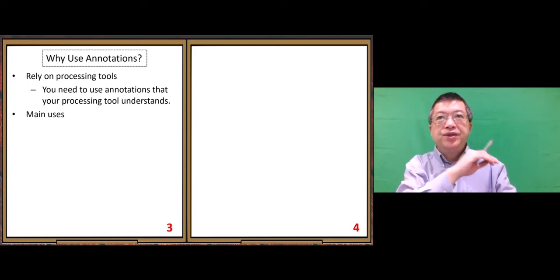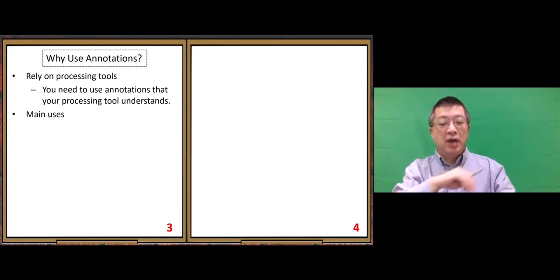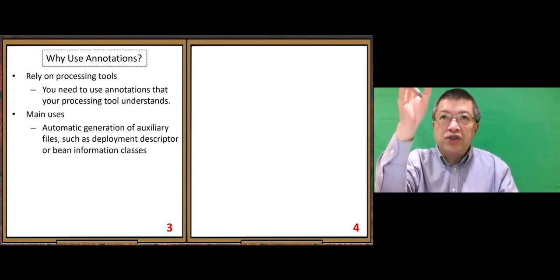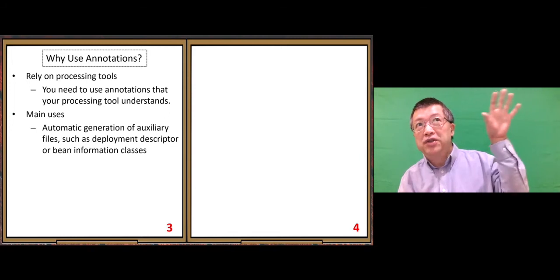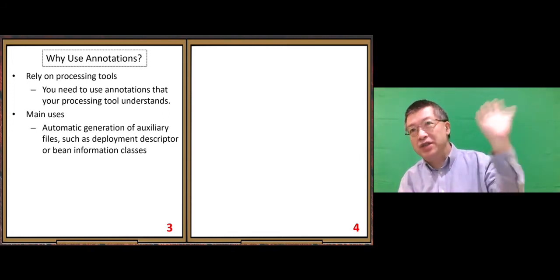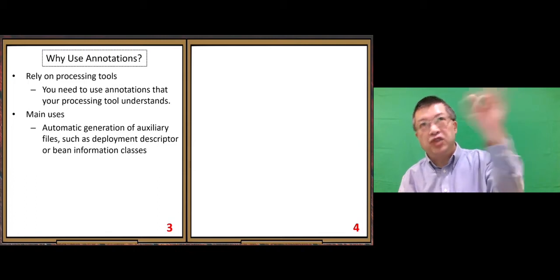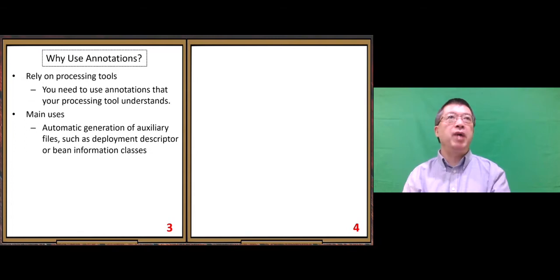The main uses, why use? The main reason for using those annotations is automatic generation of auxiliary files, configuration. Those auxiliary files are hidden. We cannot see them, but they will have some impact on your web applications.